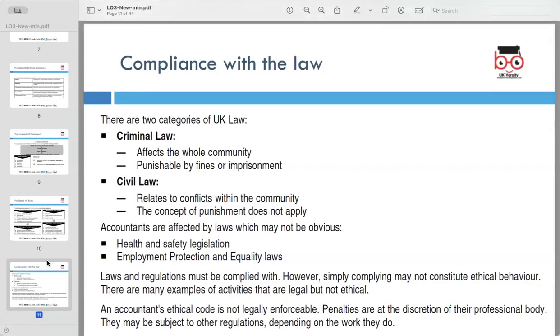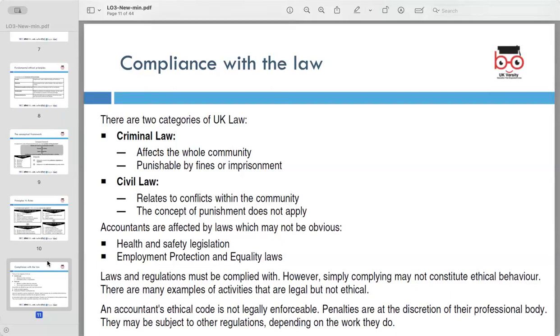Compliance with the law. There are two categories of UK law we discussed in our first session as well: criminal and civil law. Criminal law addresses offenses that impact the entire community, and civil law handles conflicts between individuals.